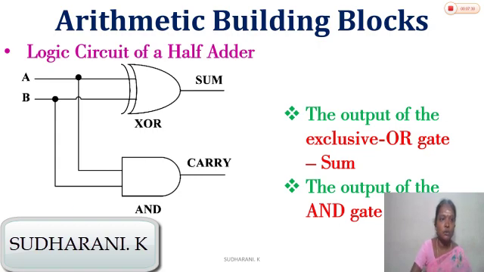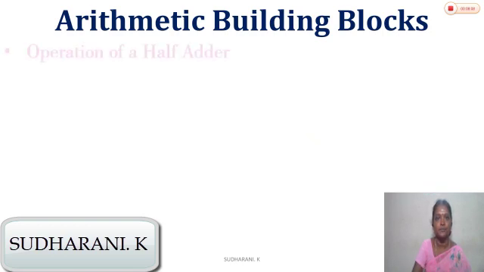So the inputs A and B are given as input to the exclusive OR gate, and the two inputs are given as input to the AND gate. So the output of the exclusive OR gate is the sum and the output of the AND gate represents the carry, and this is the logical circuit of a half adder.